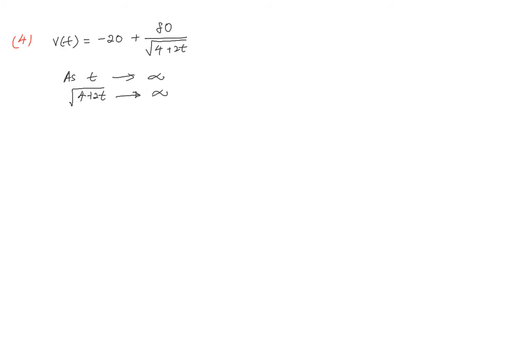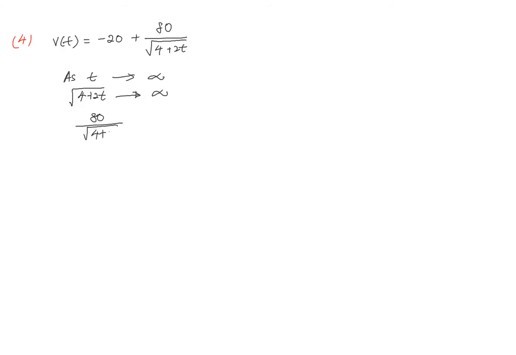So next one, what must I write? Shafiq. You can straight away write v(t), but before that, you have to do something first so that people understand: 80 over the square root of 4 plus 2t.